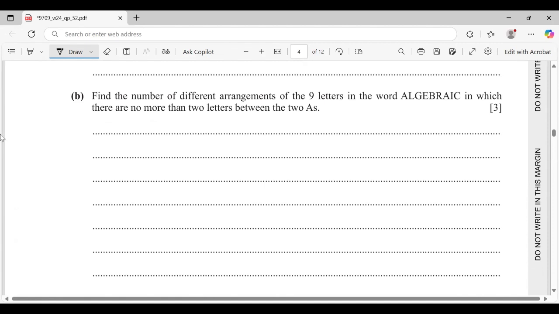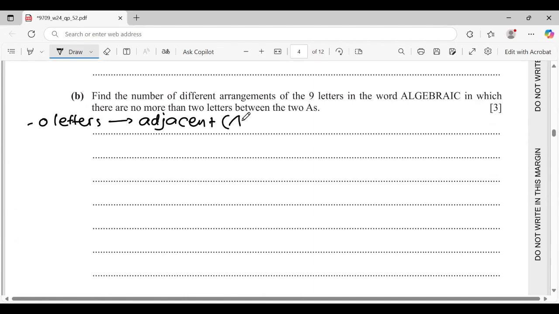You want to count arrangements where the 2 A's are separated by, first, zero letters, without letters. So this is adjacent.